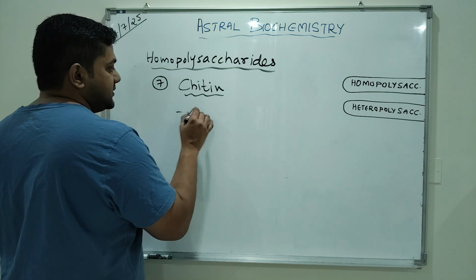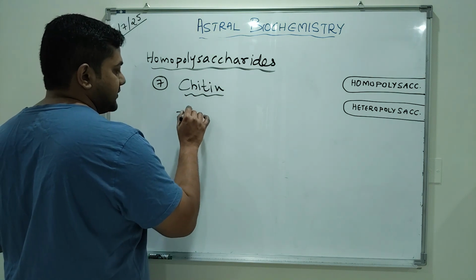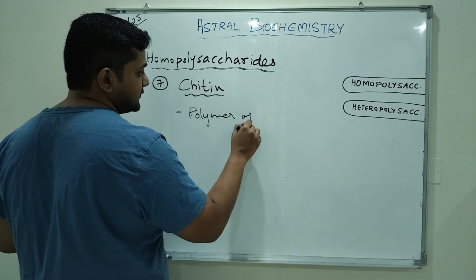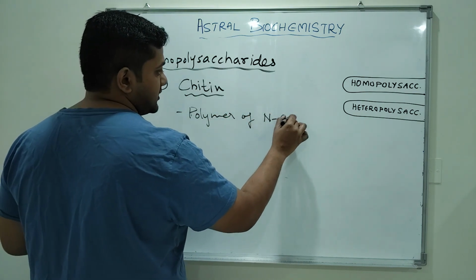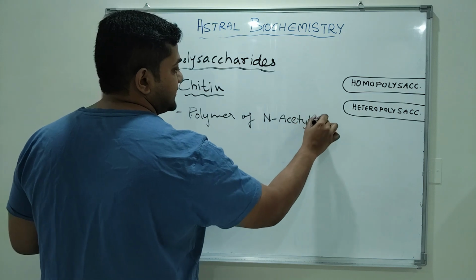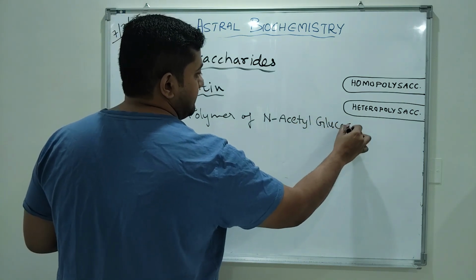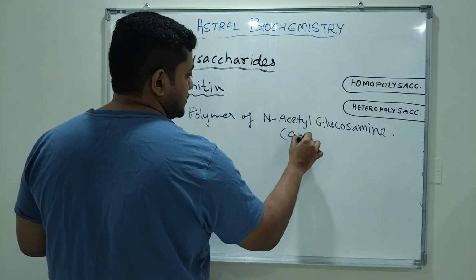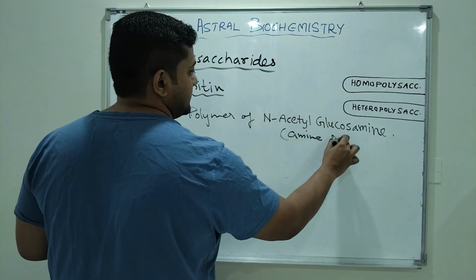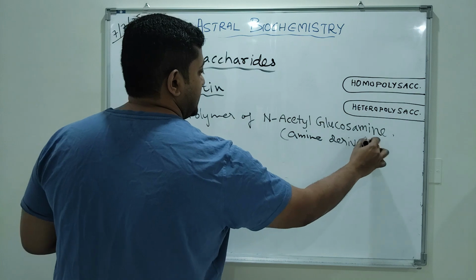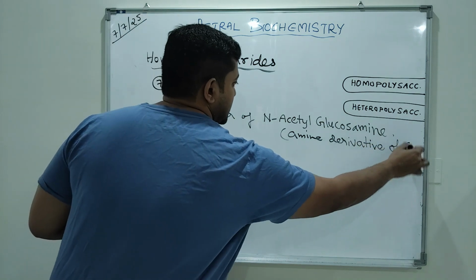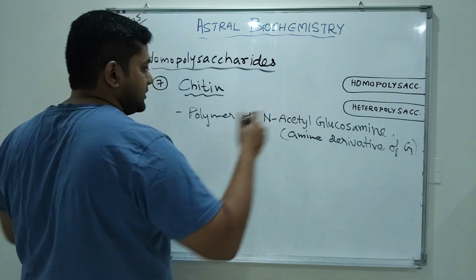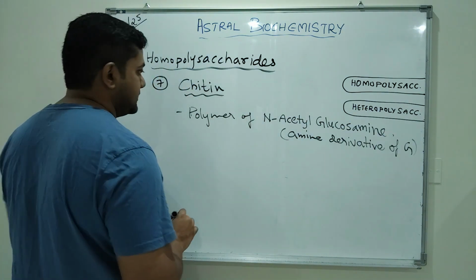Chitin is a polymer not of glucose, but of a special molecule known as N-acetyl glucosamine. This is an amine derivative of glucose. So many N-acetyl glucosamine units, kept like a polymer, will become chitin.